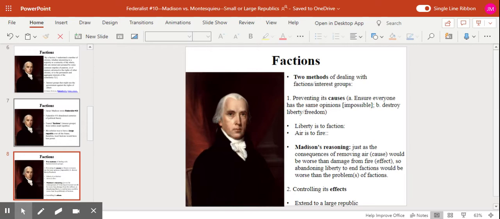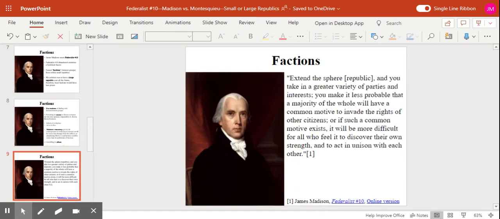And just as we don't say that we should get rid of air so that we never have fires again, that's the same as saying we should get rid of liberty so that we never have factions again. And so he says the solution is to instead control the effects of a faction. And his solution is then to extend to a large republic.